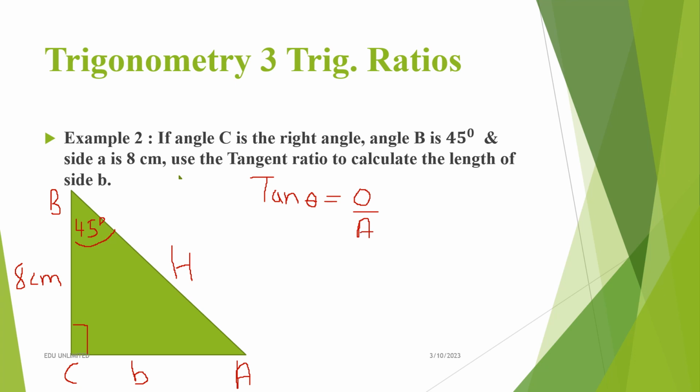Tan theta is 45, so we say tan 45 degrees, let's go again, tan 45 degrees is equal to the opposite side, which is side B, over the adjacent side, and the measurement of the adjacent side is 8 centimeters.